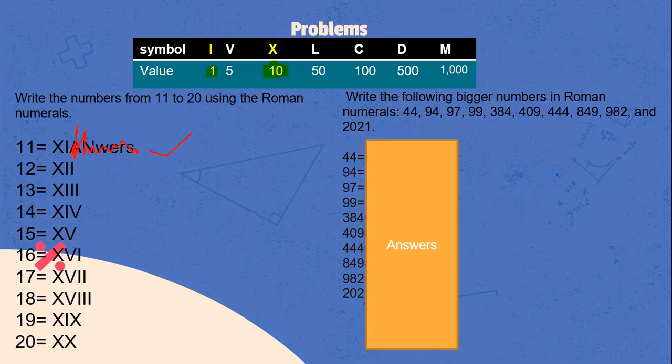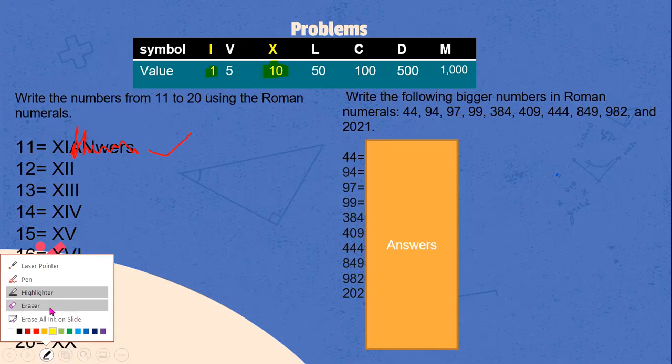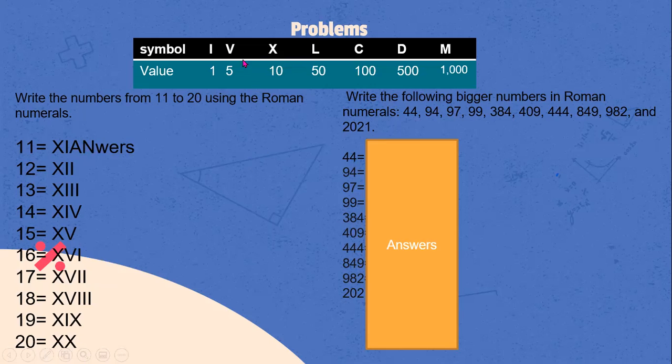14 is XIV. So basically you start with X for 10, but you don't write X and then 1, 2, 3, 4, that would be incorrect.